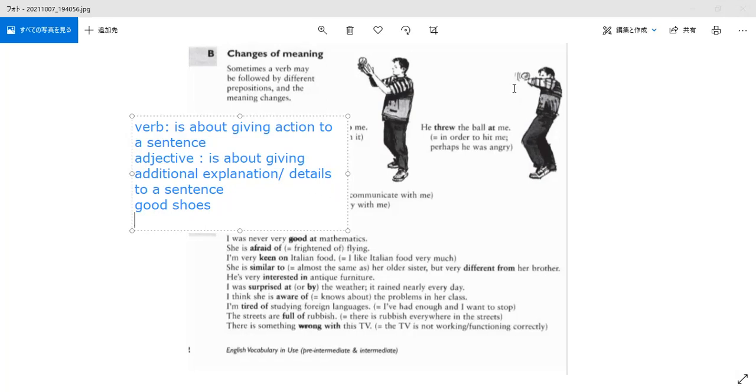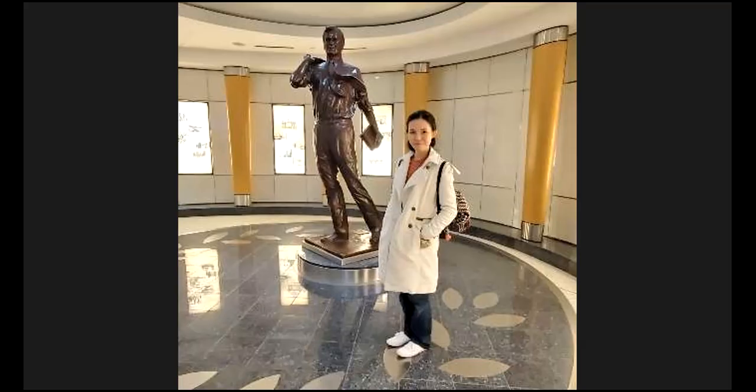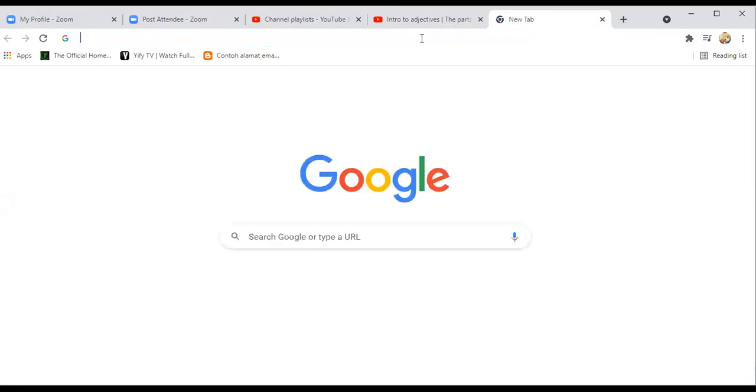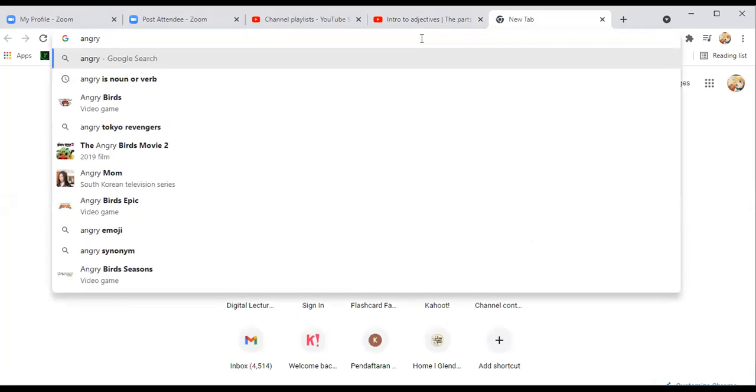Let me give you an example. Angry bird. So this angry is an adjective, the bird is a noun. Okay.